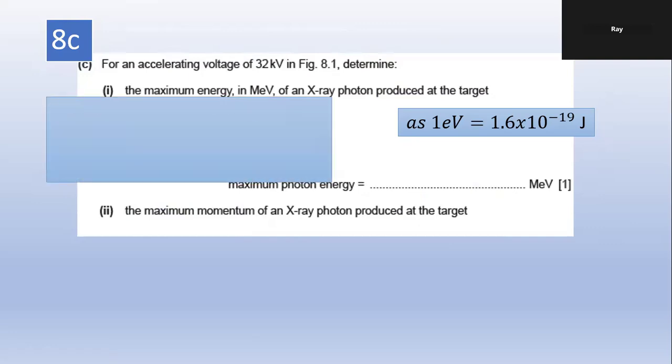Then substitute in your values. Your kinetic energy of the electron equals the photon energy, because all the kinetic energy of the electron goes into producing the photon energy. That's why you get the maximum energy.